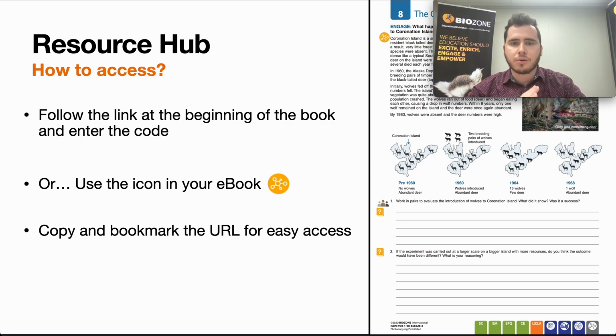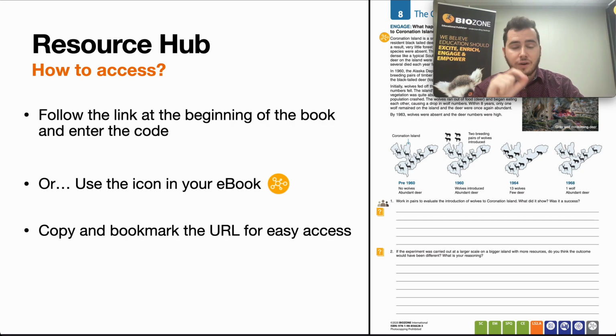And just like our ebooks, we want this to be as accessible as possible, not just for our teachers, but for our students as well, in case they wish to explore themselves. So, how to access, there's a link at the beginning of their book, whether that's a print book or an ebook. They can find the code, enter it, and they're able to access the resource.